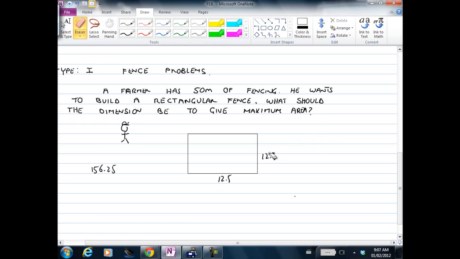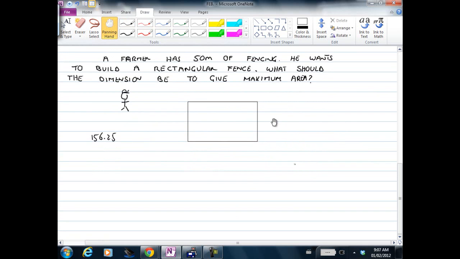So let's erase all this stuff, and I'm going to show you how to do this properly now. In fencing problems, the first thing you're going to do is look at how many meters of fencing you have. This is 50 meters. Okay. Would you agree that I don't know what this distance is right here? I have no clue what it is.